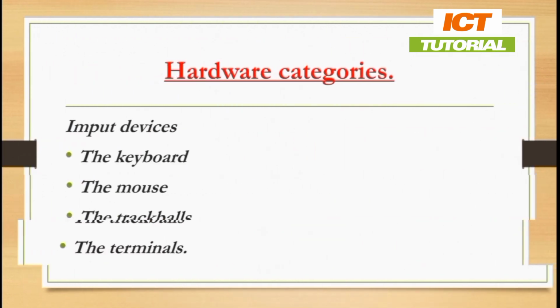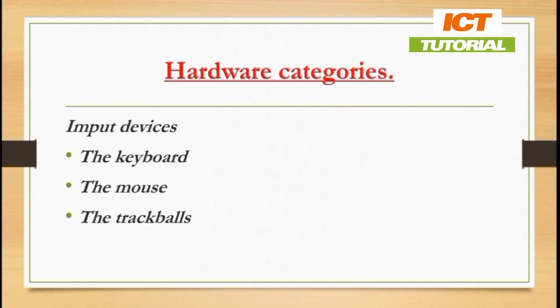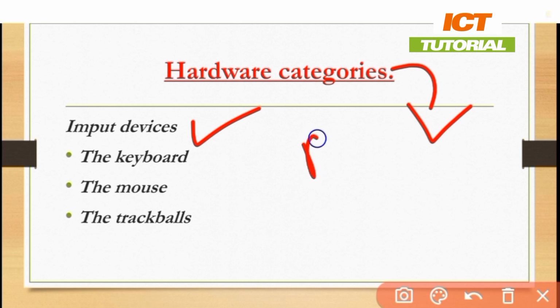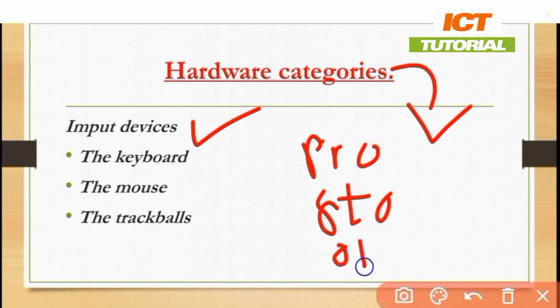We are going to begin with the keyboard. So remember, we said there are how many? We have input devices as hardware categories. Input devices, we check as processing devices, and we check on the storage devices and the output devices.